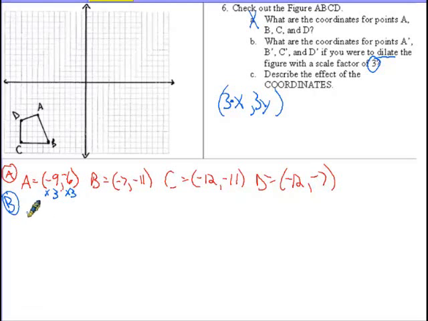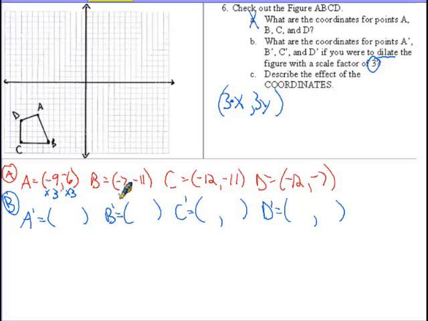You have to remember your multiplication rules though. Think back to 7th grade on multiplying with negative values. So C prime, I'm going to go ahead and get all this set up, and then D prime. Wow, I have really bad handwriting. I think it's getting worse as I get older.